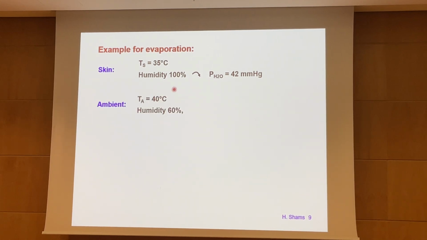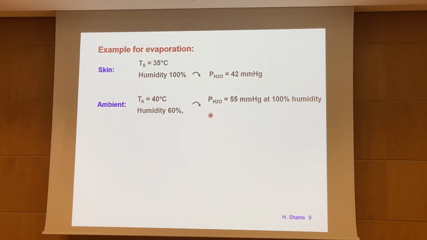And then let's assume you have an ambient temperature of 40 degrees Celsius. You see, this temperature is much higher than 35. Then let's say if humidity would be 100%, then the water vapor pressure at 40 degrees would be 55 millimeter of mercury. Okay?